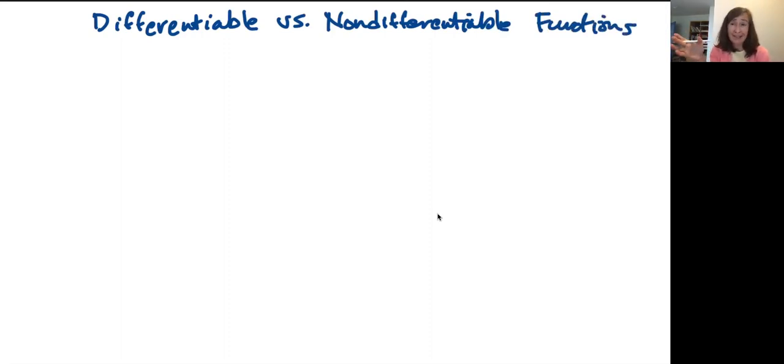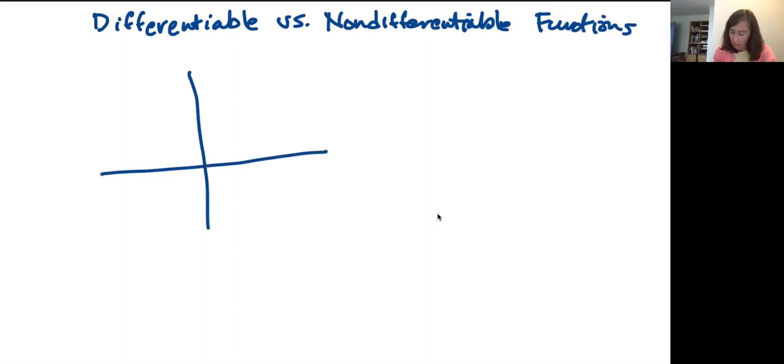And really what that means is that the first derivative exists, that the difference quotient has a well-defined limit. So as delta x is getting smaller and smaller, the slopes of those secant lines are approaching a unique tangent line.